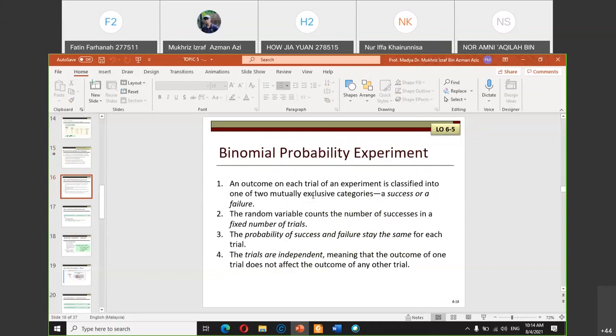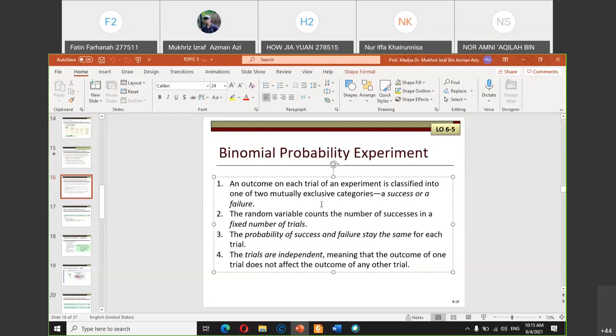When we mention that there are only 2 possible outcomes, we categorize the outcomes into 2: success or failure. Do not take the word success as the word we usually use in our day-to-day life. In terms of binomial probability distribution, the word success refers to the event that you are looking for.